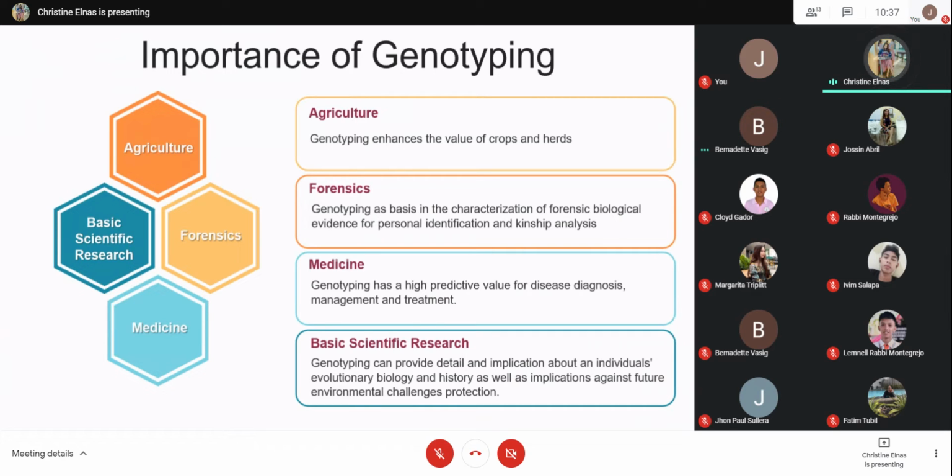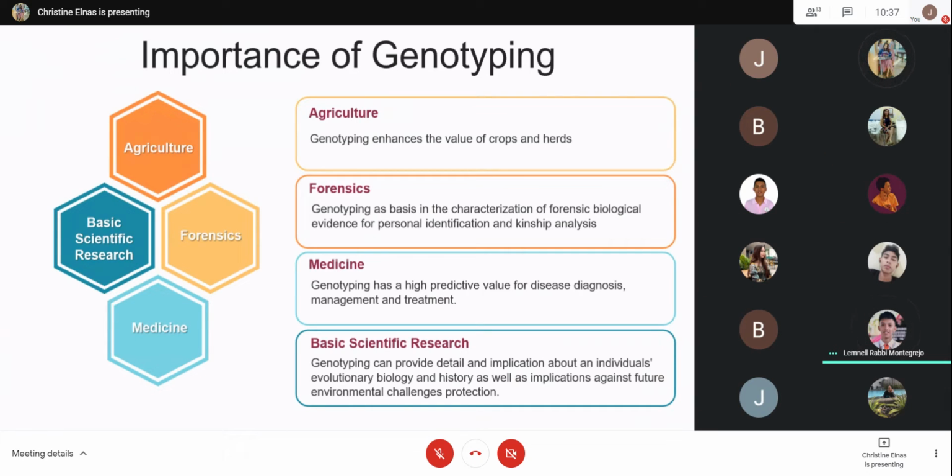How about the others? Mr. Montegrejo? Is it at the individual level, the host, or the virus? The host. Can you relate how genotyping can help in understanding the transmission of COVID-19, or not really transmission but manifestation of the disease?